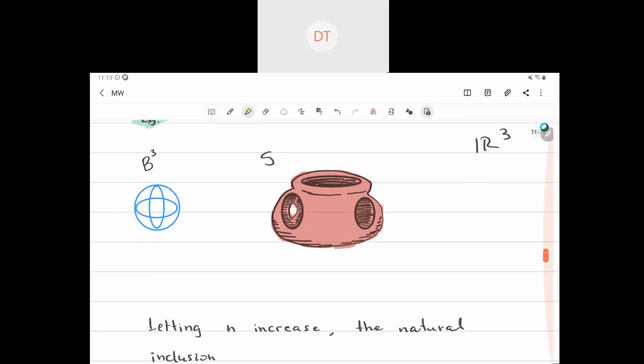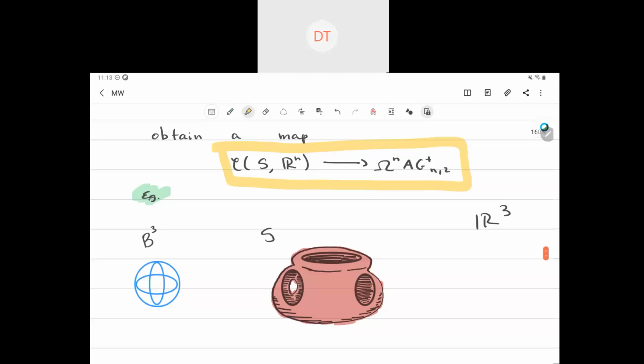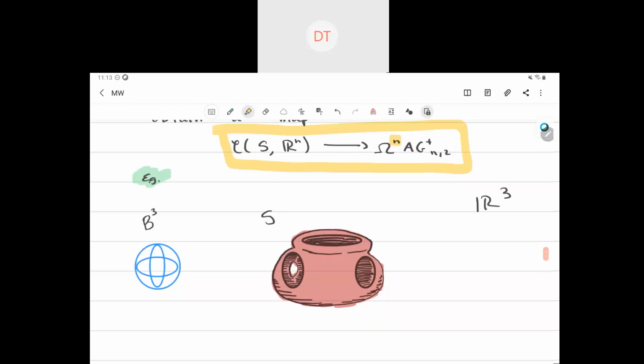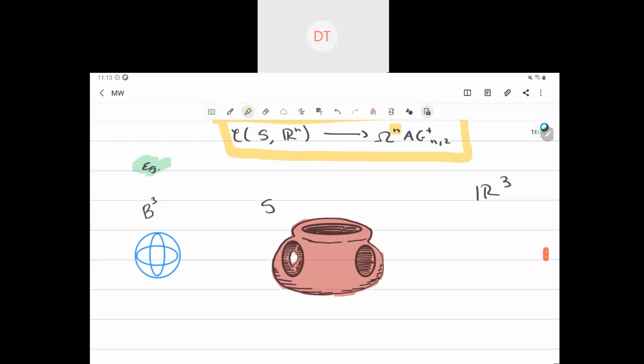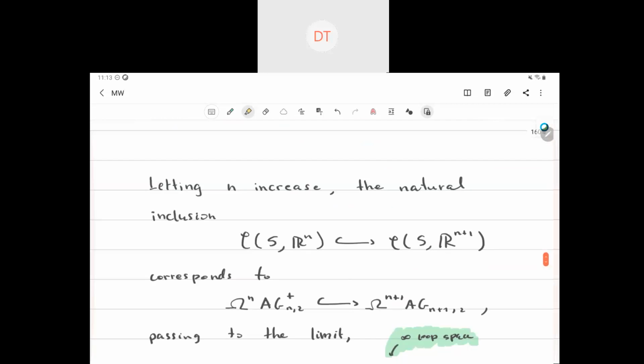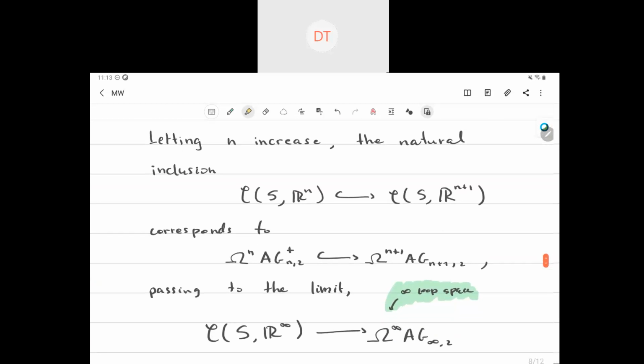Okay. So I said that I wanted to produce an infinite loop space. So let's do that. We have to shift up n, we have to move to higher n. Right. So letting n increase, we get a natural inclusion, and this inclusion is pretty straightforward.